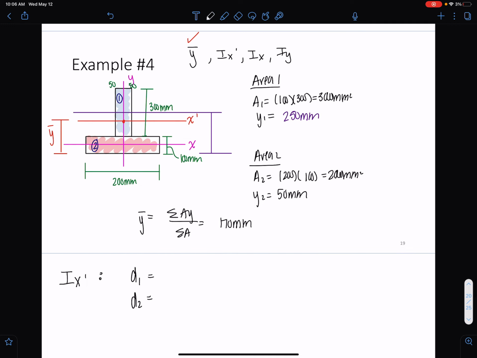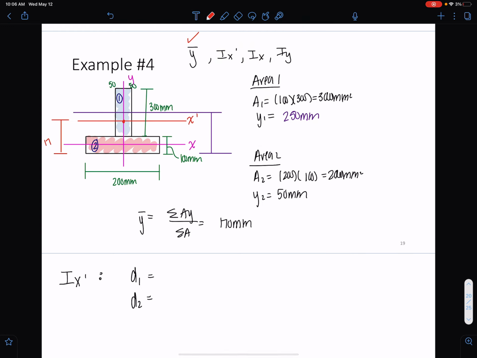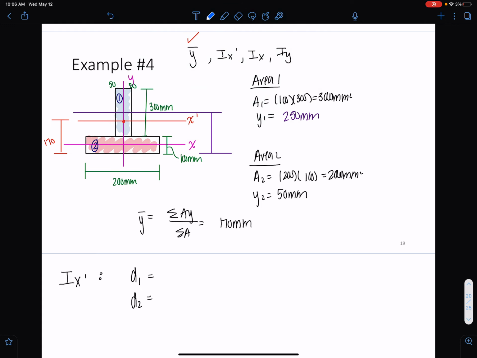Okay, so if we know that our y bar, I'm going to replace this with 170 here. Our D1 is going to be the distance from the center of this area 1 to the neutral axis. So this little y1, D1, that distance there.